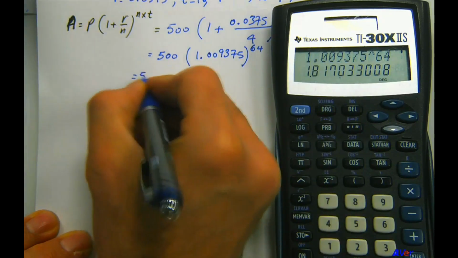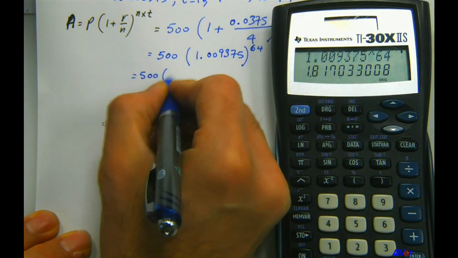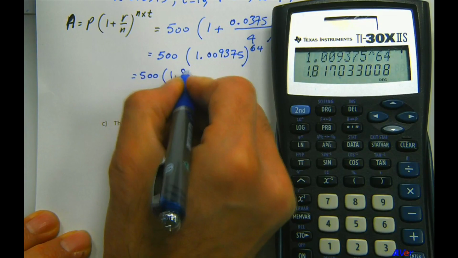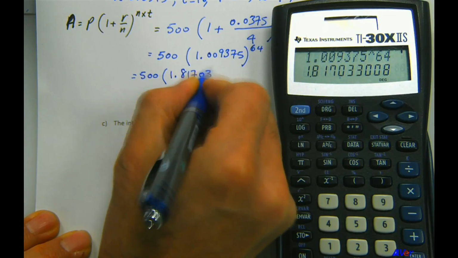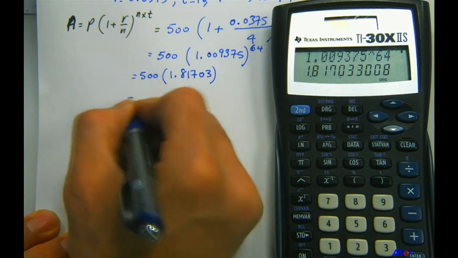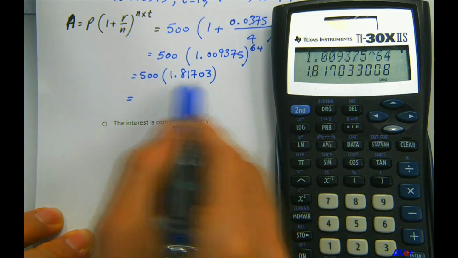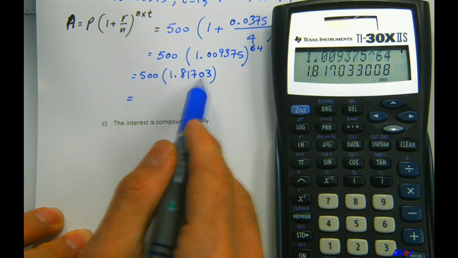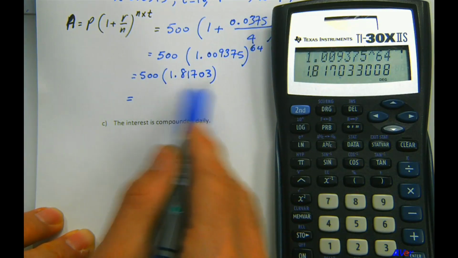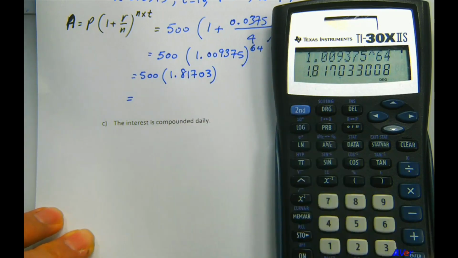So this is equal to 500 times 1.81703. But of course, my calculator makes it easy because it already has all the numbers. But on paper, I'll write at least 4 decimal places. In this case, I have 5 decimal places. And multiply that quantity by 500.